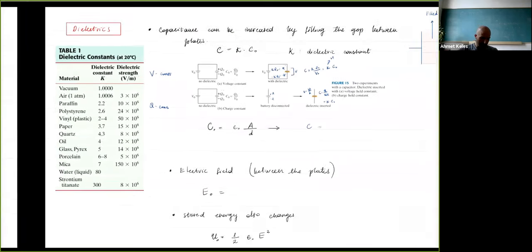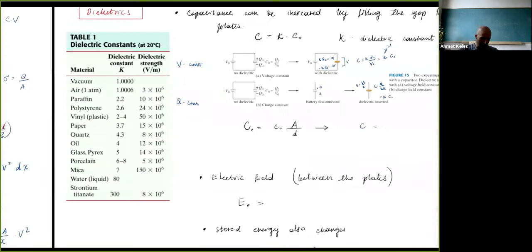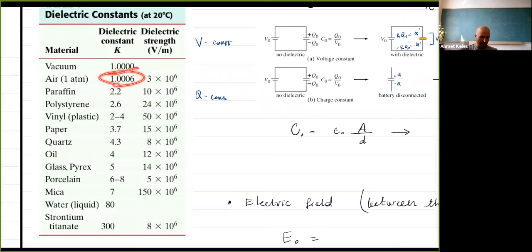And here are some numbers for what you can put in this capacitor. For example, if you don't put anything, that K is 1. If you let air circulate in your capacitor, it increases just a little bit, so you can almost think of air in the capacitor as vacuum for all practical purposes.